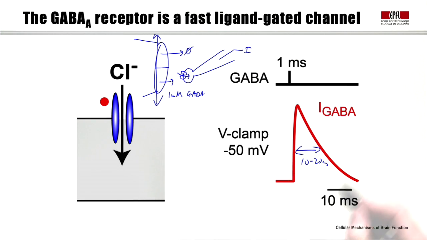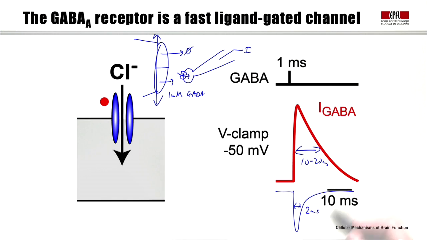So it's a fast conductance that's mediated by the GABA-A receptor, but it's interesting to note that this is still much slower than the AMPA currents that are mediated by glutamate at glutamatergic synapses. If you do the equivalent experiment, and last week this is what we looked at, a 1 millisecond pulse of glutamate activates an AMPA conductance, and that lasts maybe only 2 milliseconds.